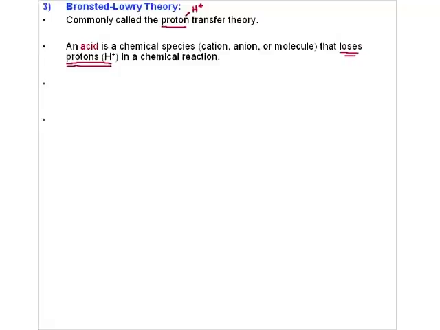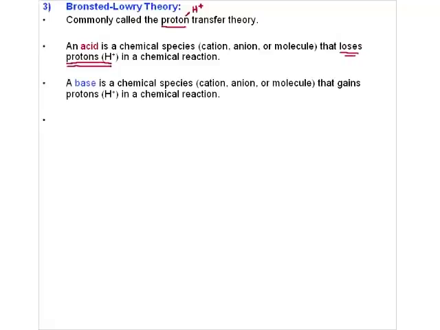Give away, acid. The other situation here is they said a base is going to be a chemical species. It can be a cation, positive charge, it can be negative charge, or it could be neutral. That's going to gain a hydrogen. Hey, that's different. So this guy, a base, is going to gain a hydrogen.